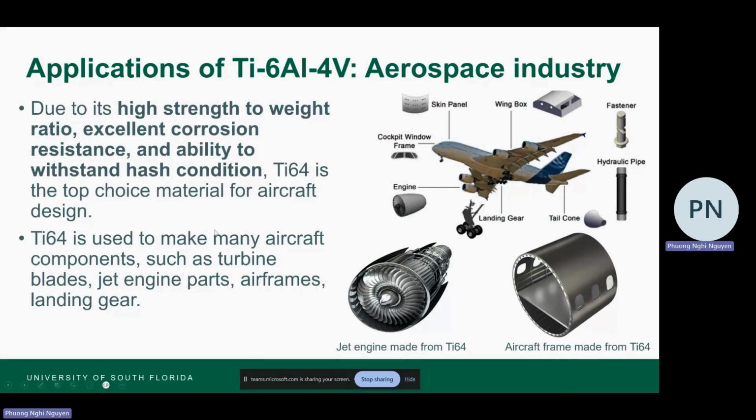Ti64 is used to make many aircraft components, such as the jet engine parts and the airframe shown below here. Ti64 is also used to make skin panels, wing box, landing gears, and the tail cone as well.